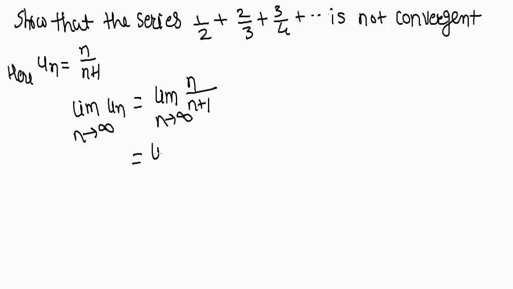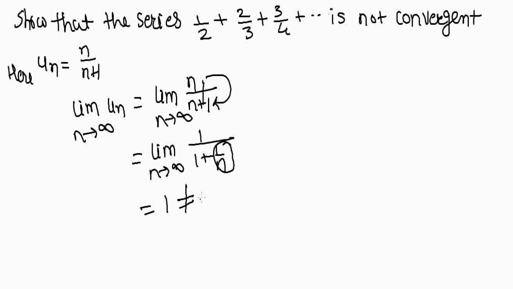Taking n in the denominator, we write this as 1 divided by 1 plus 1 by n, and we know that the limit of 1 by n is 0. So here we get 1 in the limit, which is not equal to 0, and therefore the series is a divergent series.